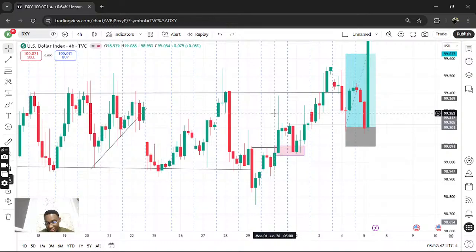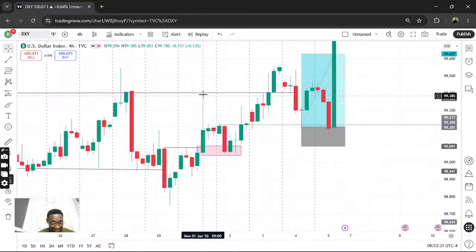This particular long bearish candle that broke this range is an order block. Now I want you to look at how the market on Monday traded above it and closed at this particular point. The market wanted to push higher.